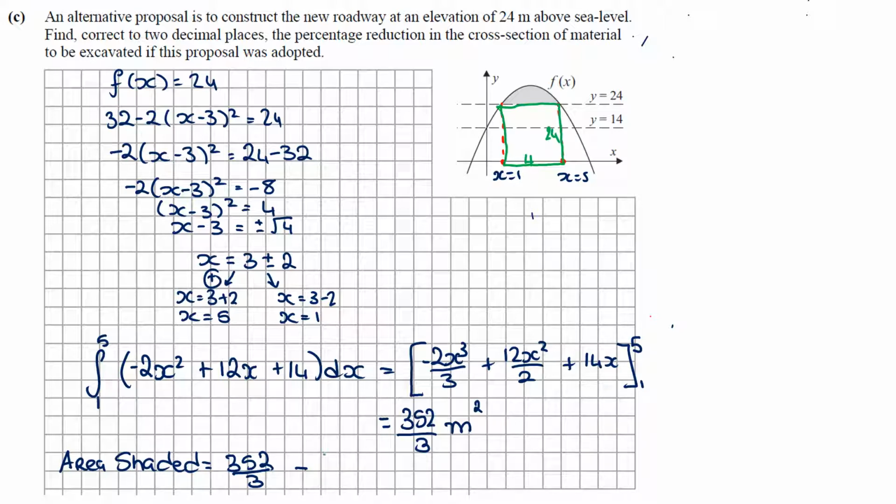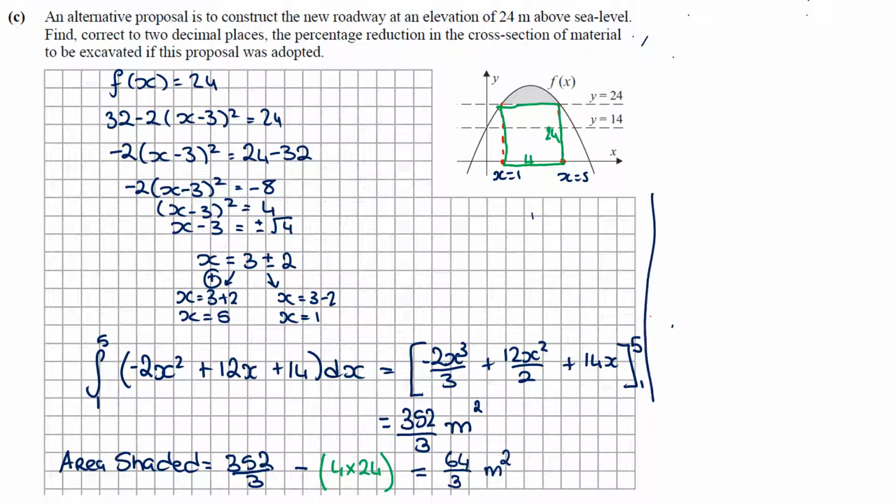So we're actually going to take away 4 by 24. That is 96. So when I take away my 96 from my answer, we get 64 over 3 meters squared. So that is the new area that we had.